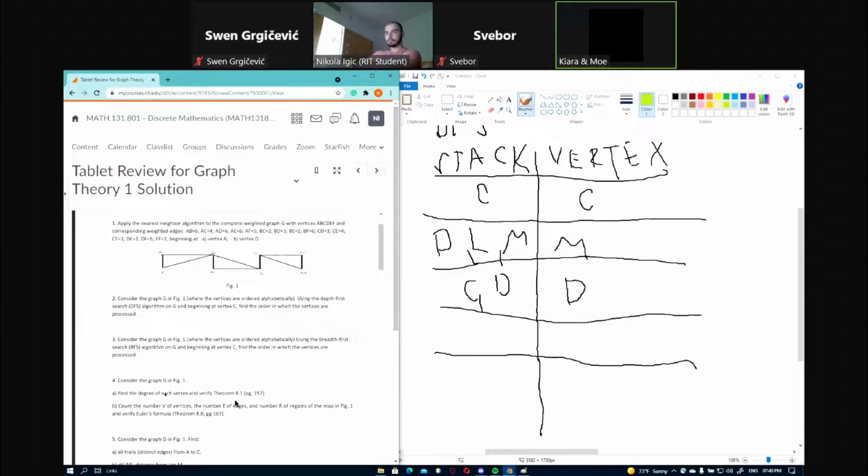So that just means that I have to find a path that doesn't overlap one of the vertices. Yeah, but you need to use the DFS algorithm. So yeah, we have to know those two algorithms.